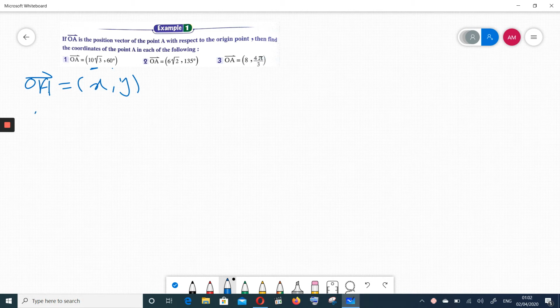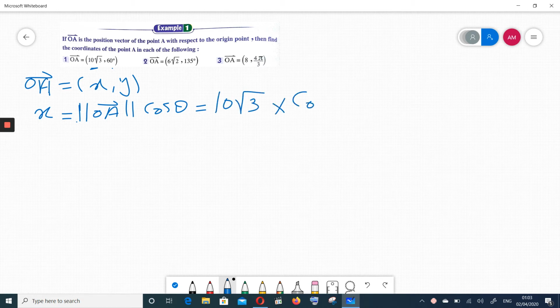The value of x equals the norm of vector OA times cosine theta. That means the norm is going to be 10 square root of 3 times cosine theta, and theta here equals 60, cosine 60 degrees. If you put it in your calculator, the answer is going to be 5 square root of 3.